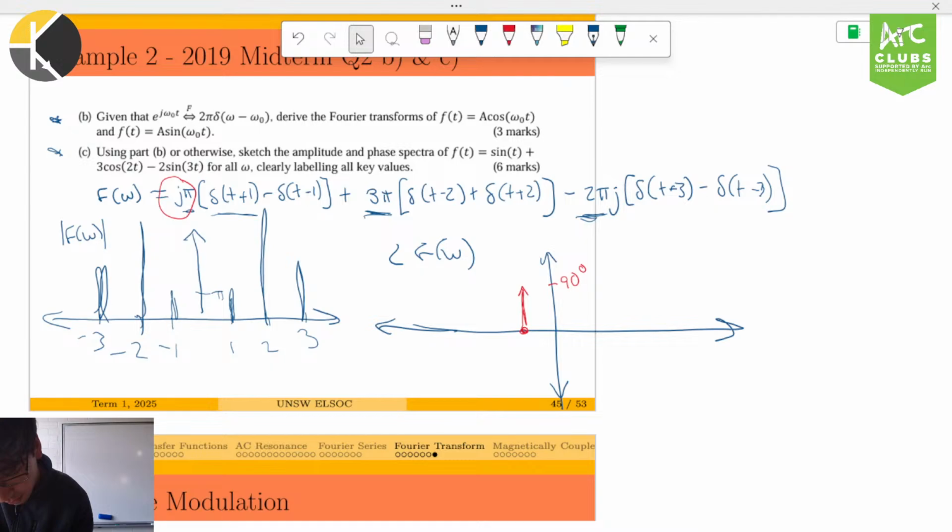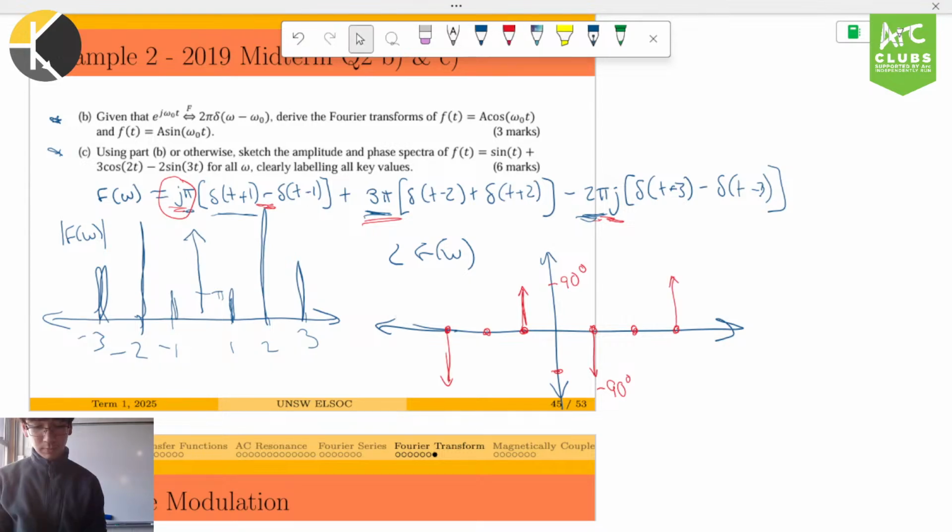And then we have this negative j at positive 1, which gives us a phase of negative 90. Continuing that on, we have 0 phase here, because we have 0j, or 0 imaginary part. And then here we have another j for the positive component, we have it being positive, and for negative we have it being negative.